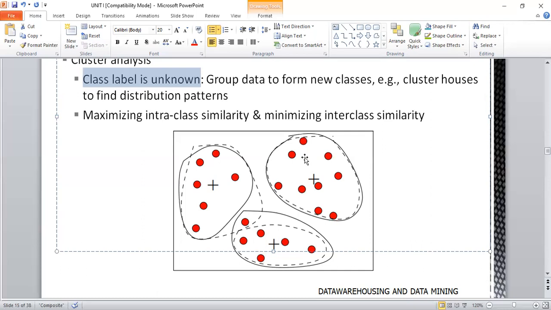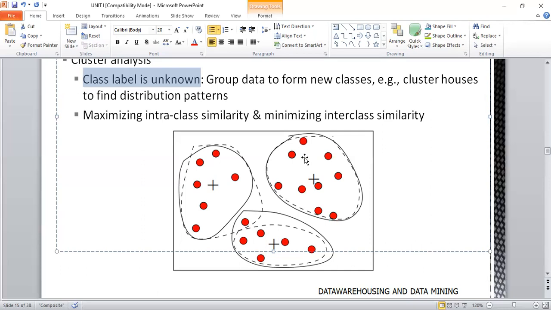So clustering can be utilized to generate such labels. It helps to group the values, or you can say the attributes, in the data on the basis of their similarity parameter.